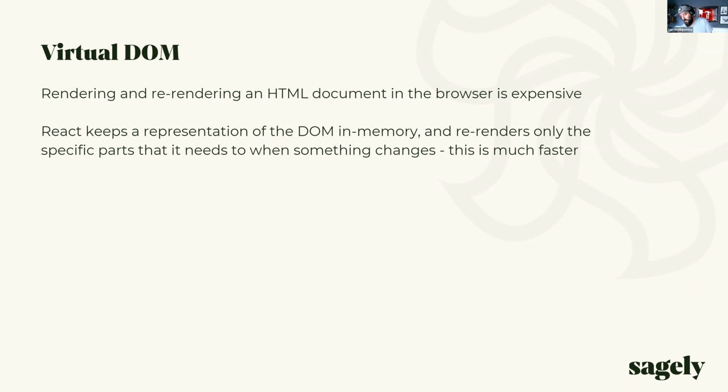So some would argue that the most impactful thing that React introduced was this concept of the virtual DOM, which is just a copy of that DOM tree in memory. So it can parse that thing in memory, it can make changes to it in memory and then synchronize those changes with what the user sees in the browser. Significantly more efficient, significantly faster.